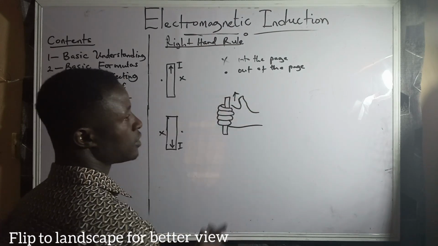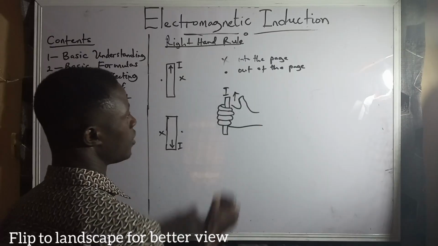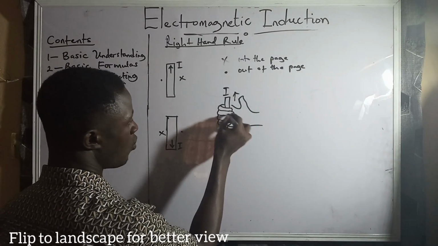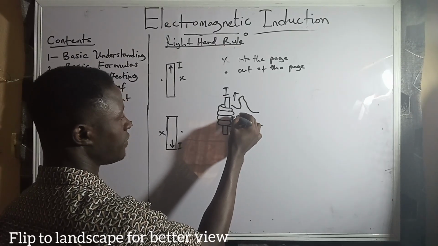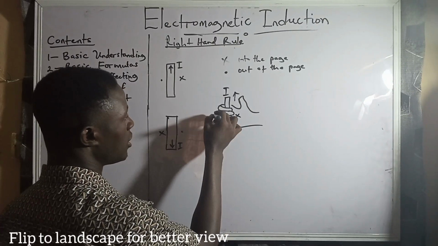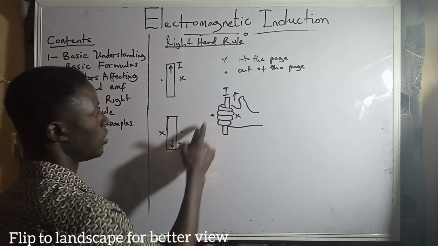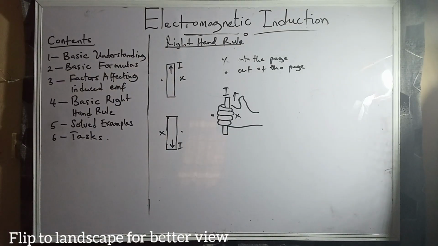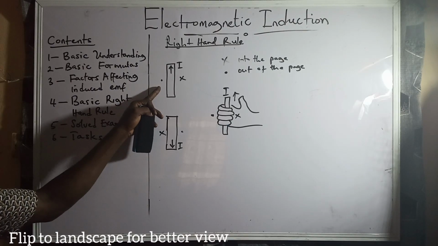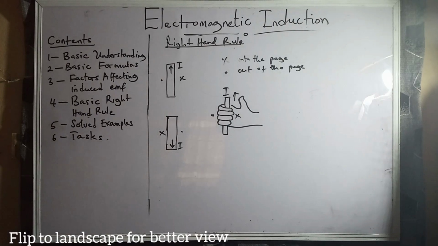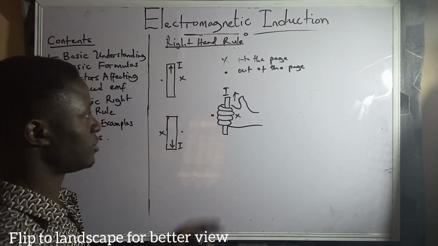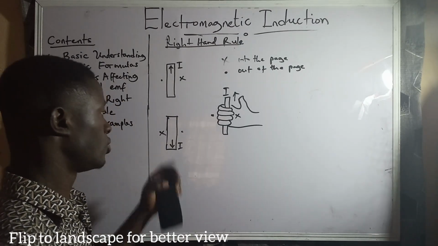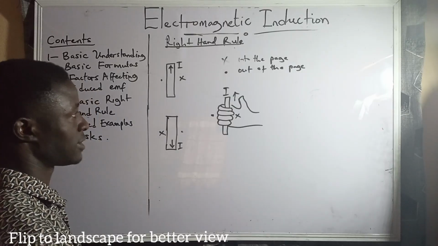So this represents the direction of the flow of current, while this represents the direction of the flow of magnetic field around it. So this is into the page, while this is out of the page. So that is just the simple explanation of the direction of magnetic field depending on the direction of the flow of current. You might be asked anytime. Once you are asked, just remember this right hand rule. You'll be able to figure out what the right answer should be.